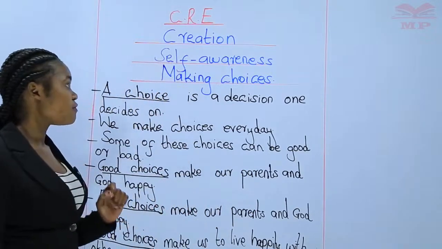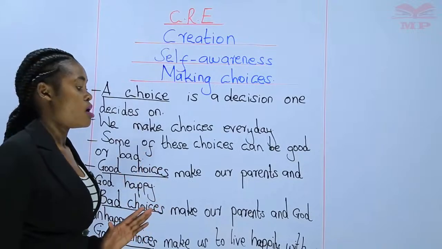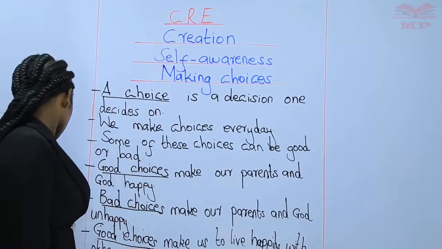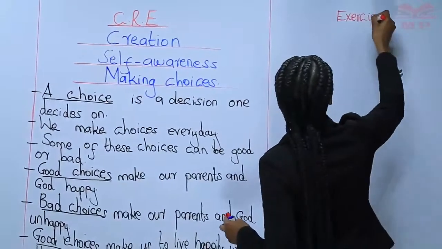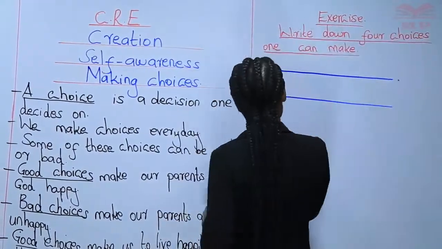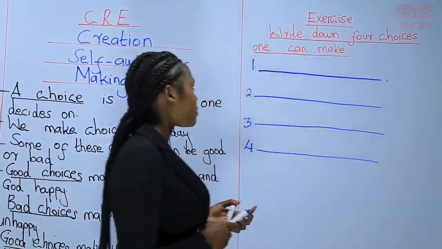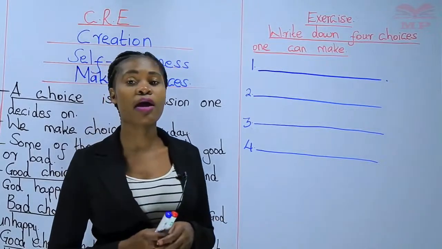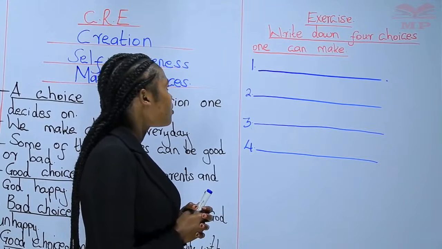But meanwhile, I'll leave you with some work. Copy the work in your exercise book and make sure that you are answering the questions. So the exercise is here. The question reads, write down 4 choices one can make.